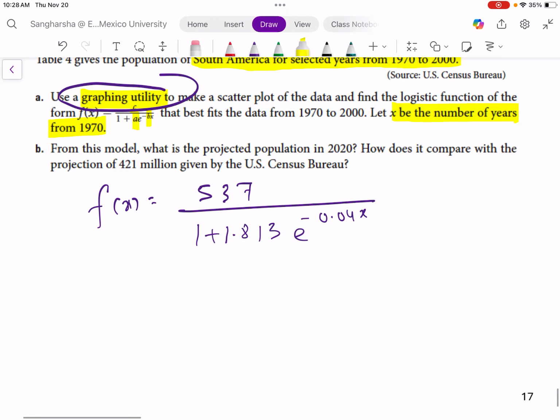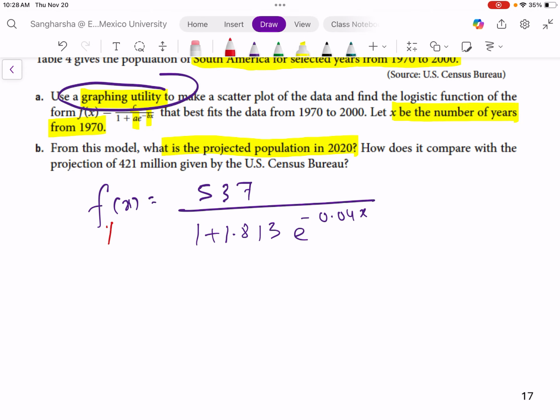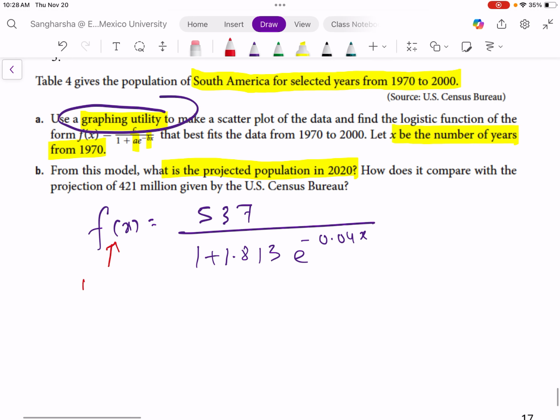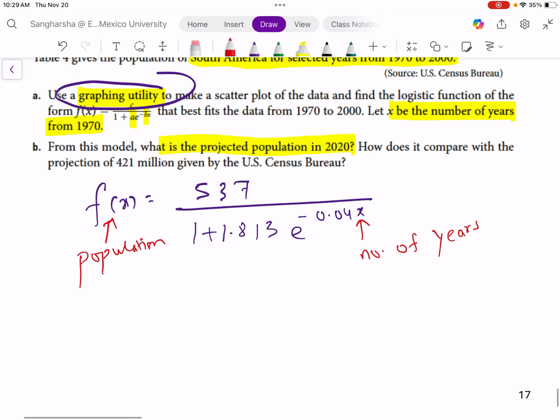Now let's use this model. What is the projected population in 2020? We have a function f of x, which gives us the population. Do not forget that our x is the number of years since 1970.